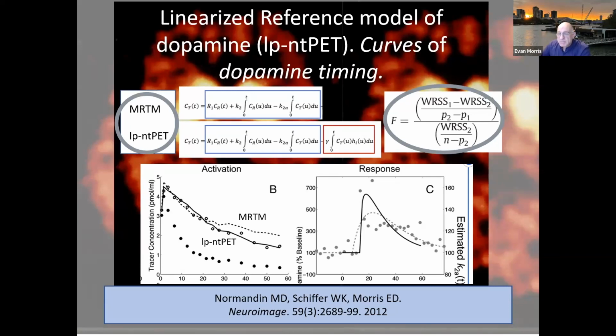But the model comparison innovation, which was the F statistic, which is a fractional improvement in the sum of squares by going to the more complicated model on the second row, which includes a dopamine term, is a way of asking, do we have a statistical basis for saying that the larger model, which includes a dopamine term, is justified? So that was the second innovation that Mark introduced.